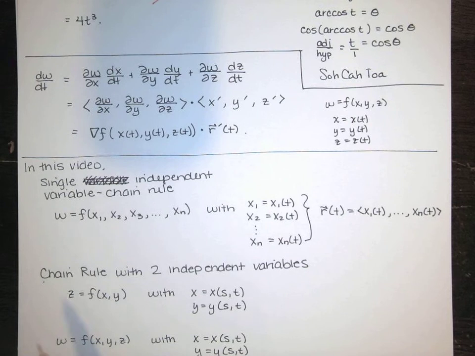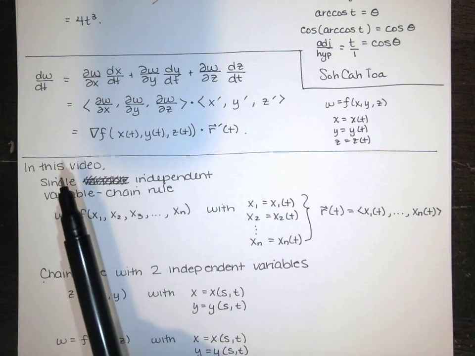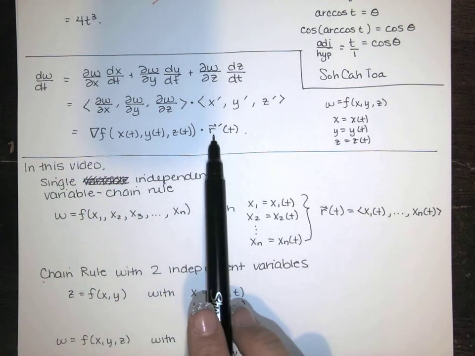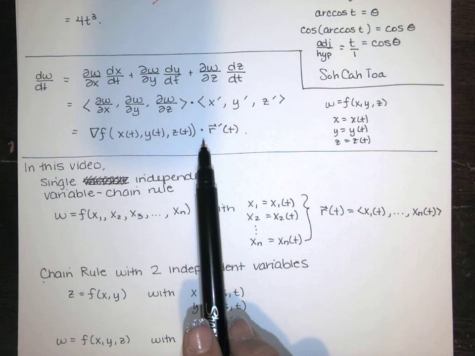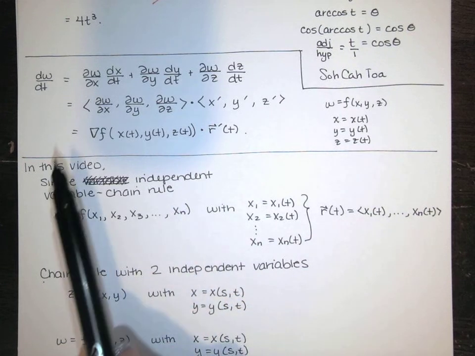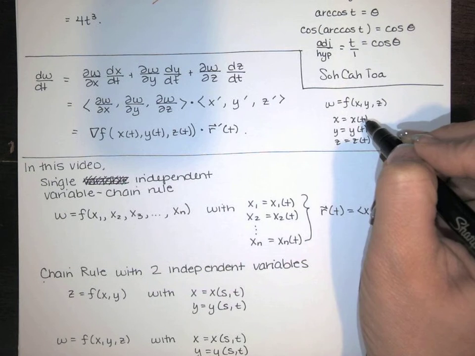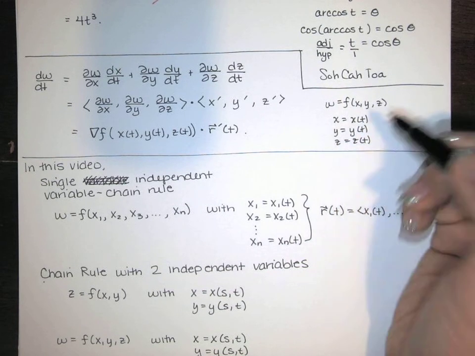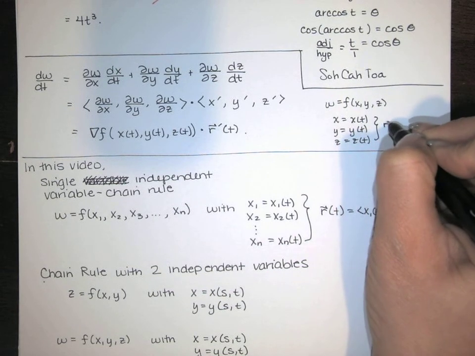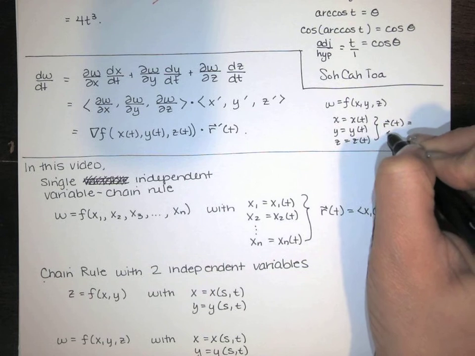But I can always write that more compactly using the gradient and a vector valued function r of t. So if I put these guys together, if I think of this as an x, y, and z that are the components of some function r of t.